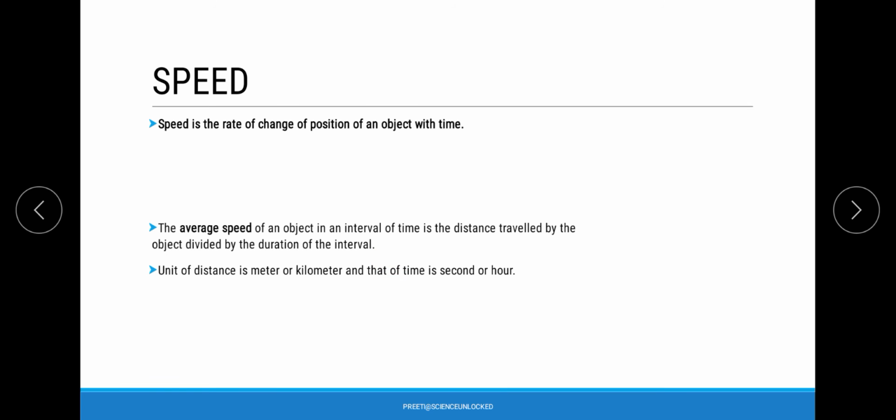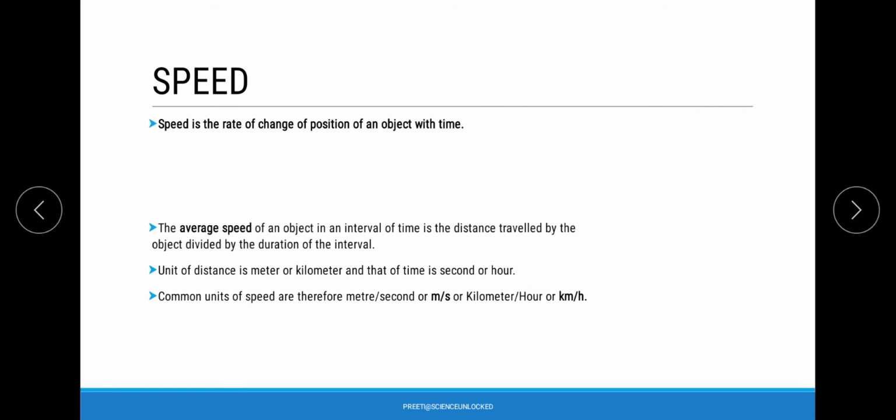On the basis of this we have a formula of speed, and the unit of speed as well. Distance is measured in meters or kilometers, depending on whether the magnitude is higher or smaller. Similarly, time is measured in seconds or hours.